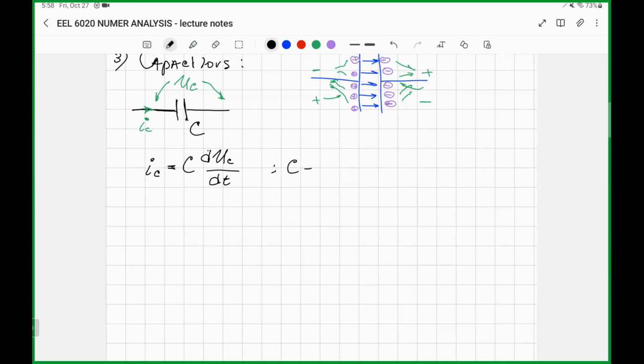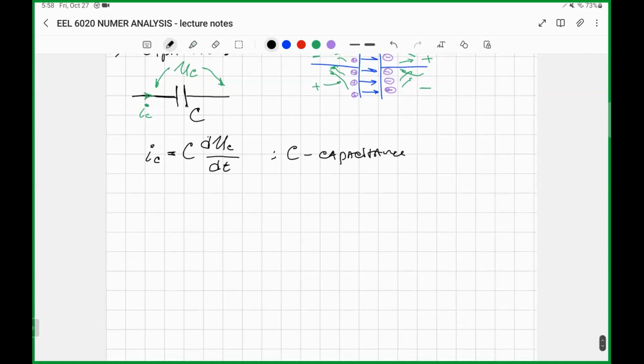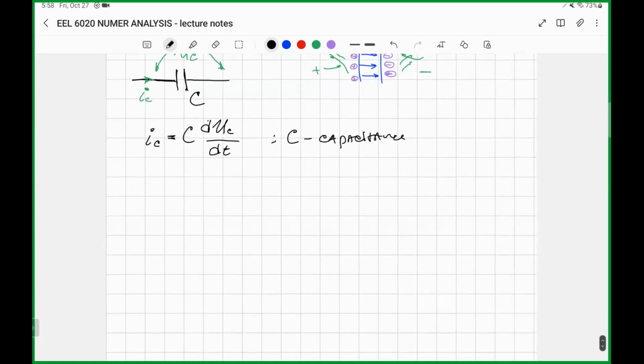C is capacitance. From this formula I can again isolate the voltage.